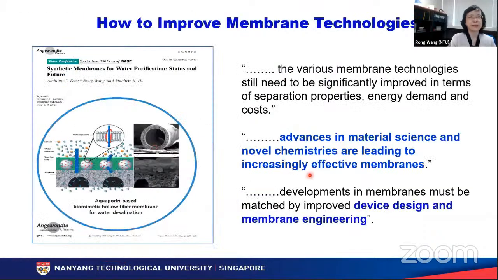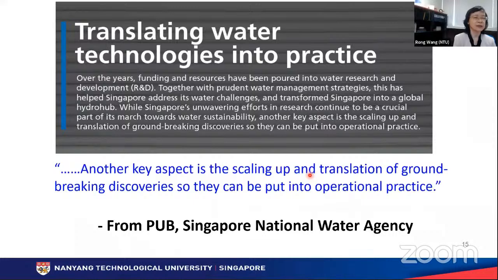To improve the membrane technologies, there are 2 aspects. One is to develop the highly effective membrane unit itself. Then another part is the membrane engineering process design. Over the years, funding and resources have been poured into water research and development in Singapore.